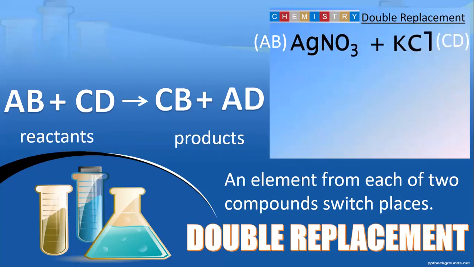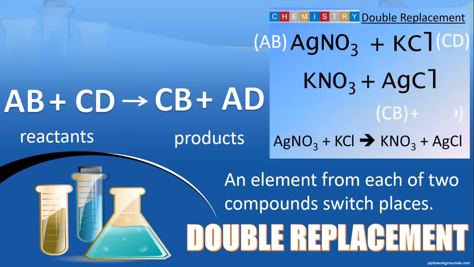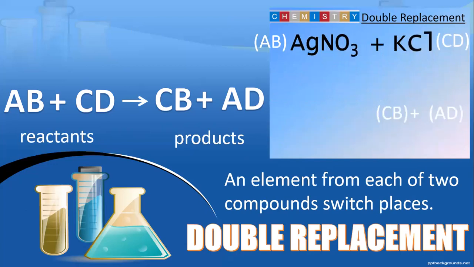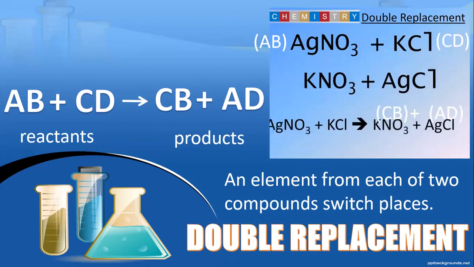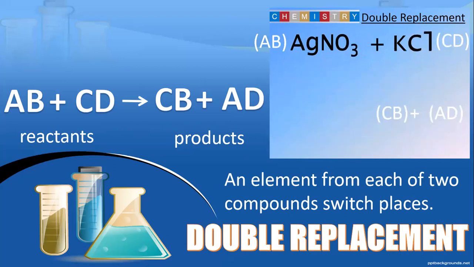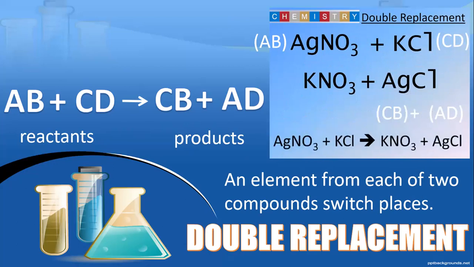Once these reactants react chemically, the elements silver and potassium switch position, resulting in products which are potassium nitrate and silver chloride. But also, like single replacement, we should remember that not all double replacement reactions actually occur.